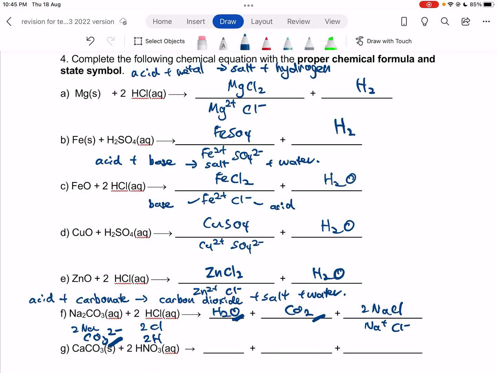I forgot to put the state symbols. So let me input all the state symbols. This is aqueous, this is gas, this is aqueous, this is gas, aqueous, liquid, aqueous, liquid, this is aqueous, liquid.